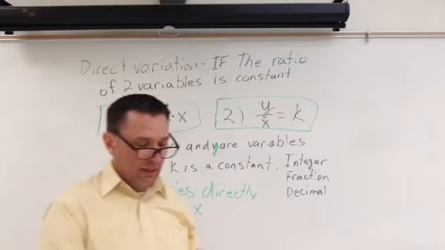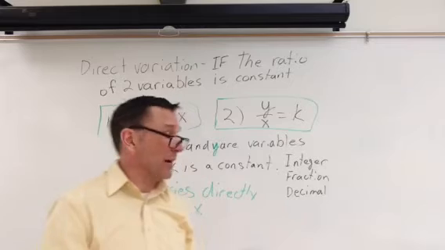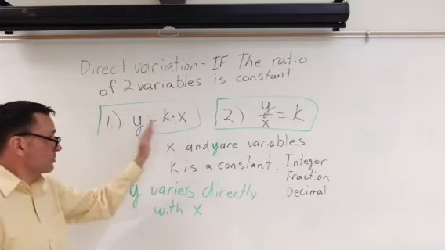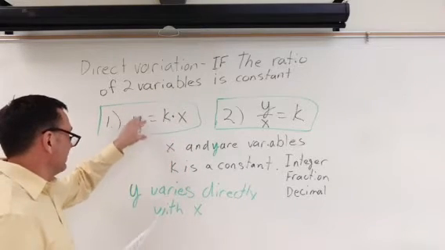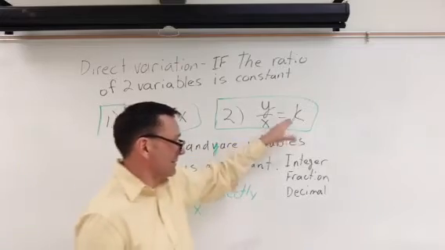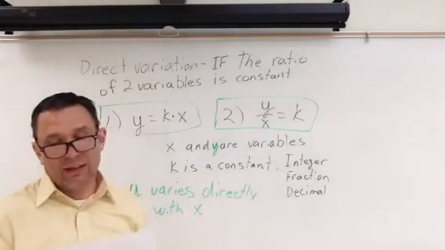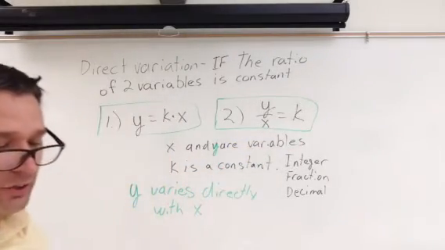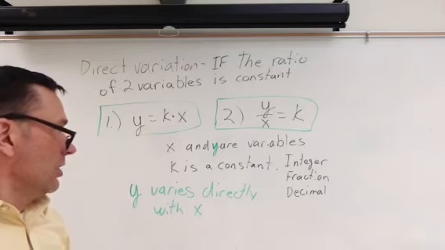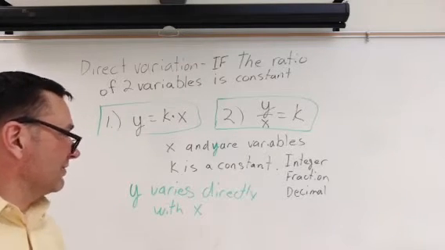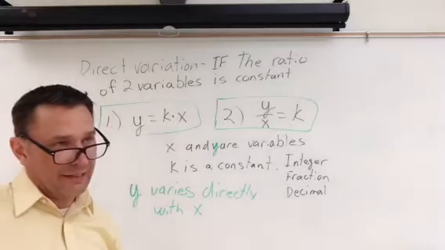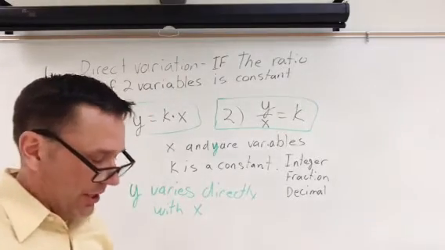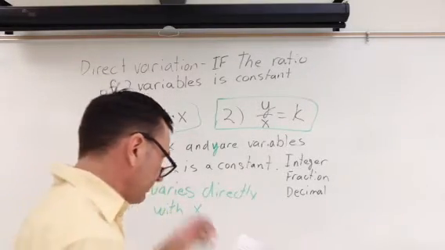Right? There is no addition or subtraction. Once there's addition and subtraction, when we get either the y by itself or the k by itself like this, then it becomes not direct variation. So eventually we're going to be graphing these, and you're going to see that every one of these lines goes through the origin on our graph.